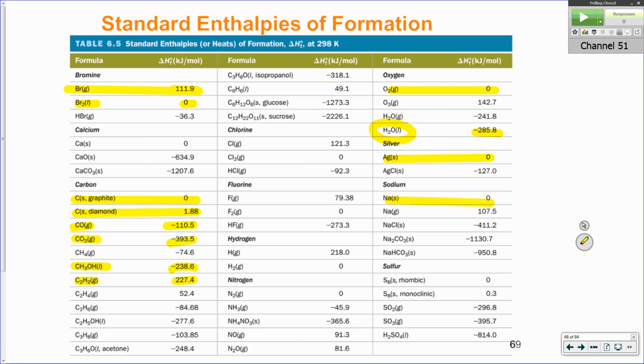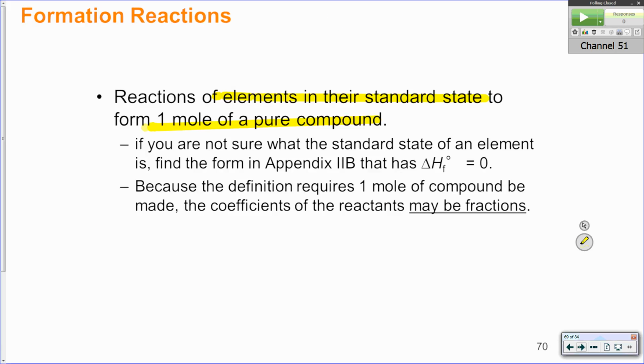Because you're not forming them from anything, that's the starting point. The ones that are all zeros are the starting points, and anything deviating from that is non-zero. Some are endothermic, some are exothermic, some are positive, some are negative in our systems. So anything that has a delta H of formation of 0 is an element that's in its standard state. You find the one that's the 0.